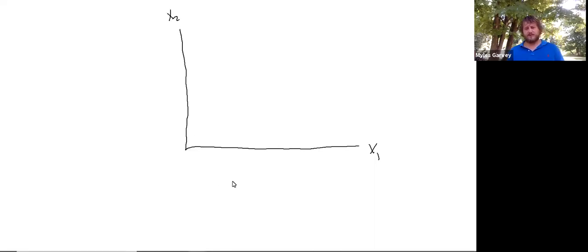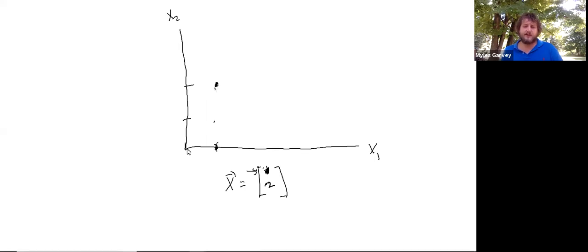So if we have the vector, let's say, (1, 2), then what this says is the first position represents where we are on dimension 1, and the second represents where we are on dimension 2. So on dimension 1, we go 1 out, and on dimension 2, we go 2 up.